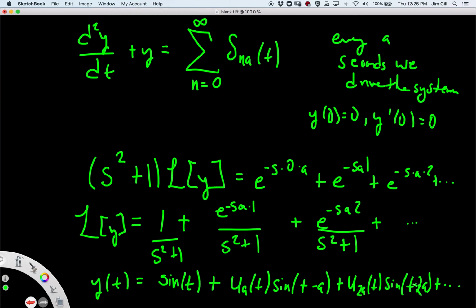So think of this as something like the motion you get with pushing a swing, right? If the a's line up with the sine function, you'll get an increasingly large response out of this. If the a's have nothing to do with the period of the sine function, and the period of the sine function is 2 pi, then you kind of get a very chaotic response eventually. If you think about pushing a swing, you're always pushing the swing when the swinger is at the apex going backwards.